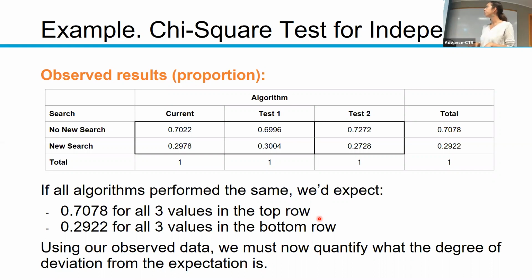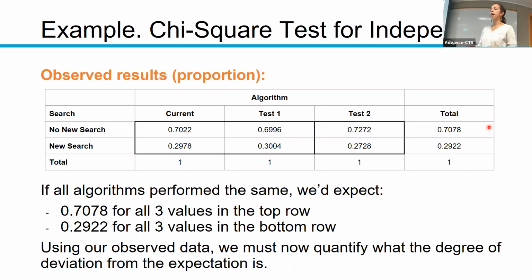The idea is that we're going to be comparing the observed results to our expected results. So our observed results was that the probability of a no new search was 0.7078 across all 3 algorithms. And what this probability is showing us is that if all algorithms perform the same, this is the probability that we'd expect to see for all 3 values in the top row.